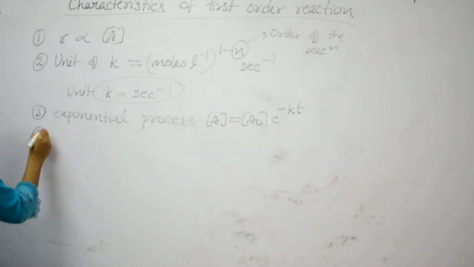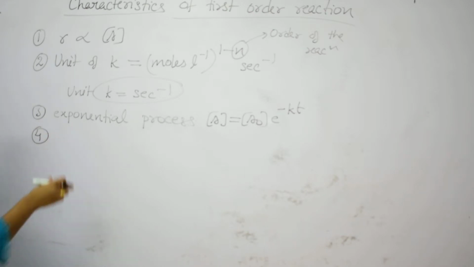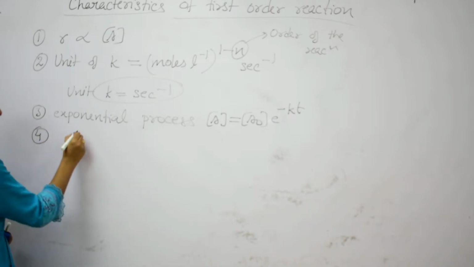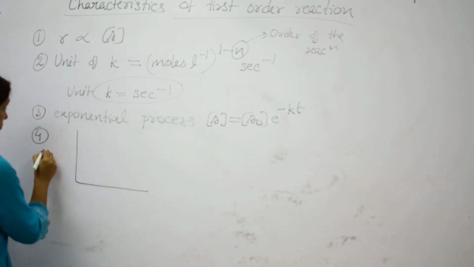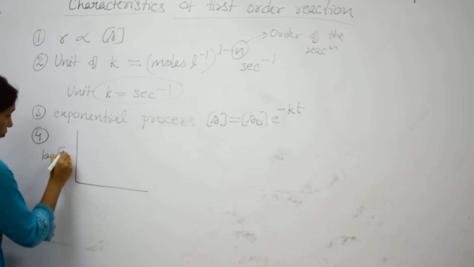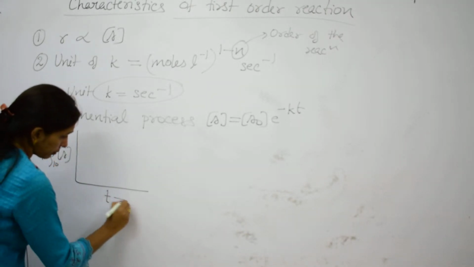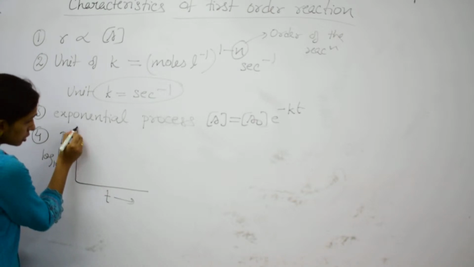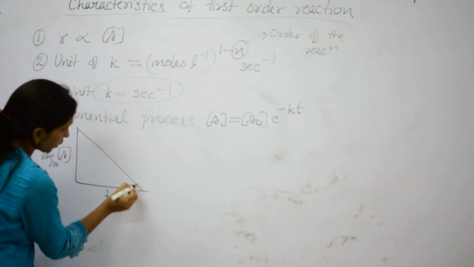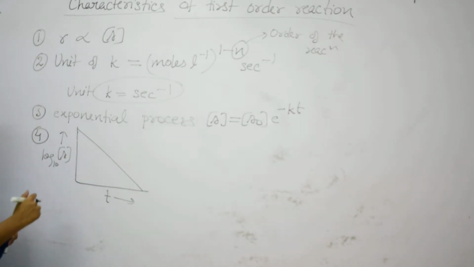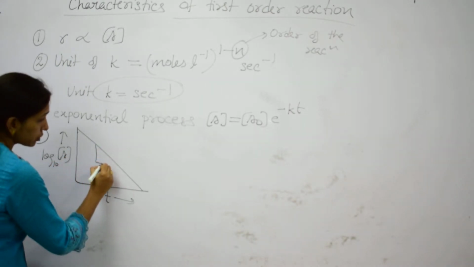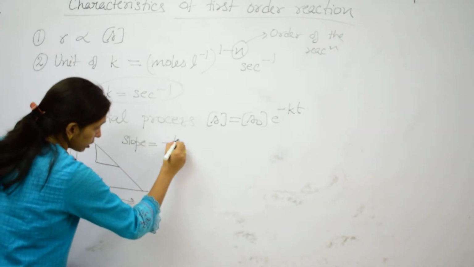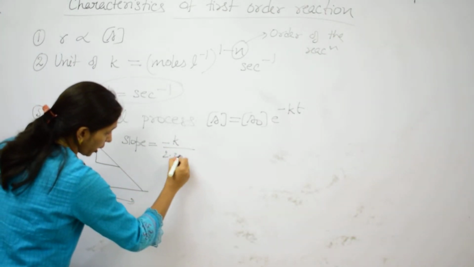Our next thing, in first order kinetics, if we plot log A versus time t, then the graph comes a straight line following y is equal to mx plus c, and the slope of the graph can be given by minus k upon 2.303.